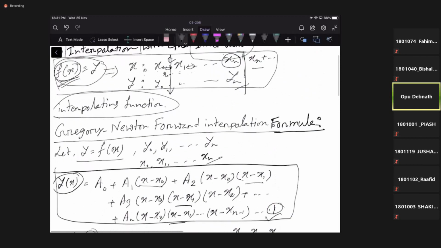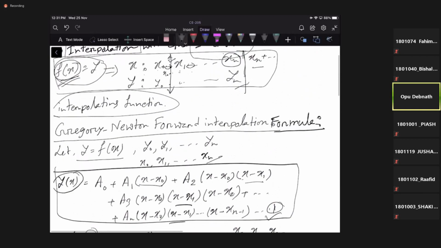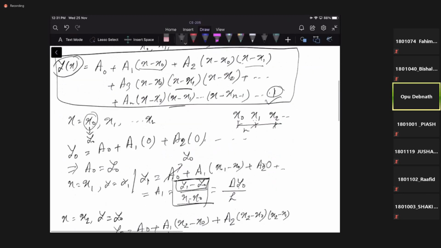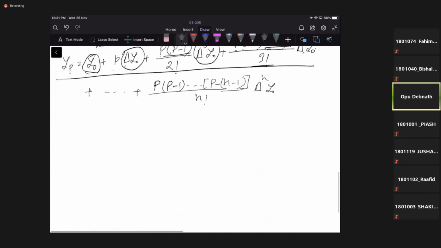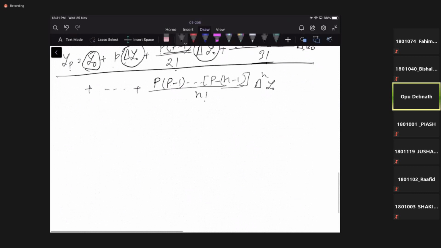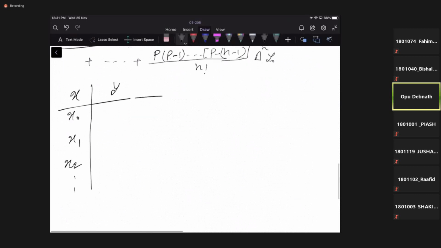When we use this equation, we need to confirm that our required value is very close to our initial set of data. That means x and y. So this is a set of data x0, x1, x2 up to x4, x5 and corresponding y0 and so on.